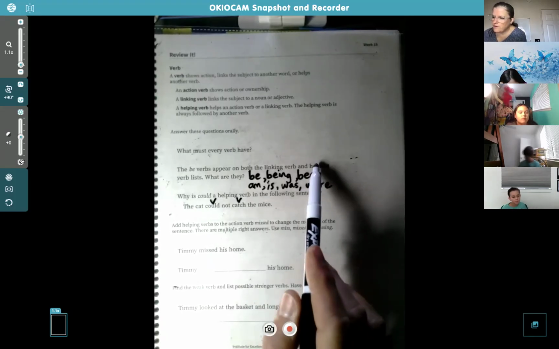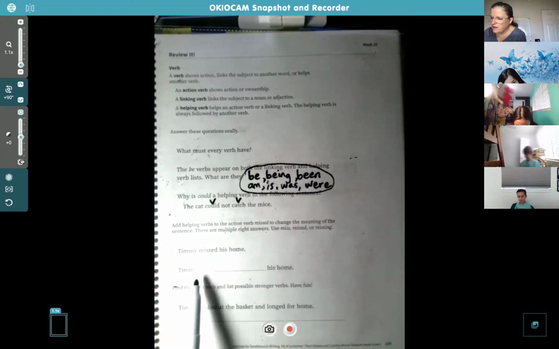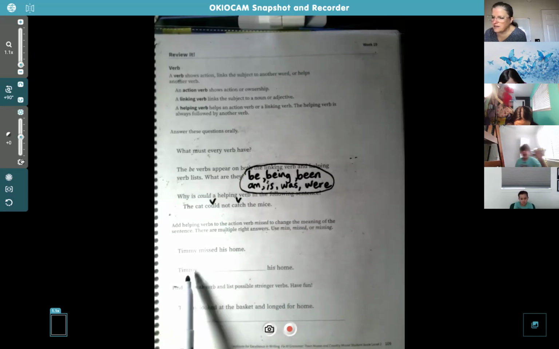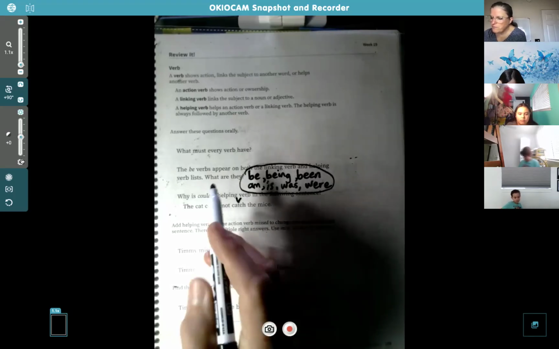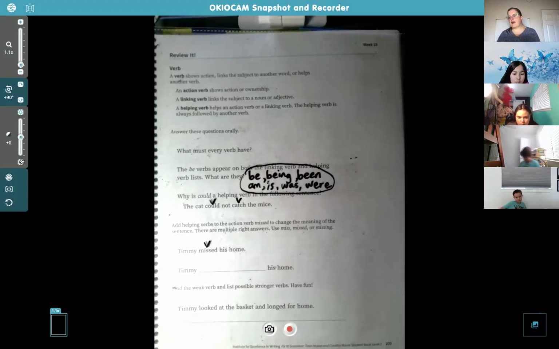Can we use one of these words from up here in this sentence? Timmy blank his home. So use that word missed or miss or missing and add one of these words with it.